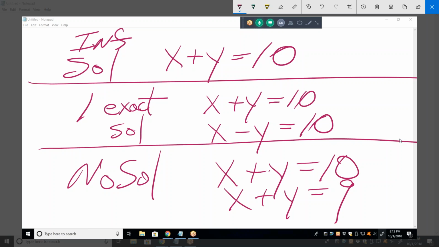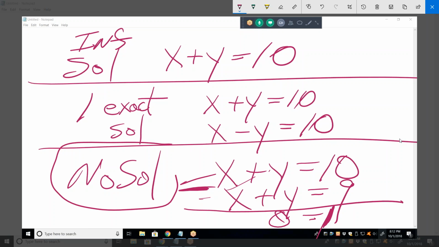Try to think of any two numbers that add to 10. Well, they don't add to 9. So right off the bat, you can kind of tell that that's not going to have a solution. If you don't know for sure, try to solve it. Subtract. You get 0 equals 1. Whenever you get one number equals a different number, no solution. That's impossible.